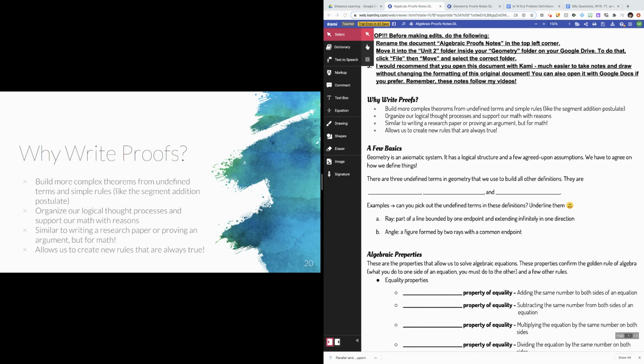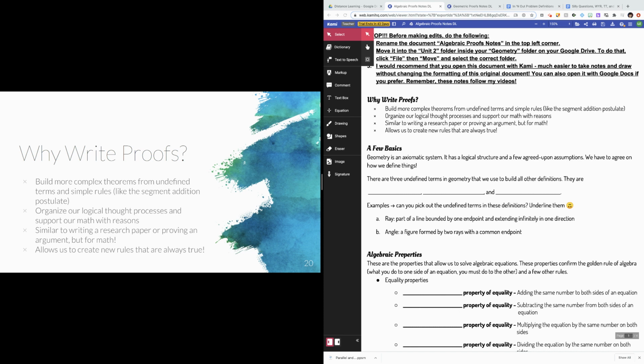So proofs are a way for us to build more complex ideas from what we call undefined terms and then simple rules or things that we just have accepted as true. A simple rule that we accept as true without having to prove it is the segment addition postulate, right? When we added those parts and set it equal to the whole thing, we don't have to prove that that's true.